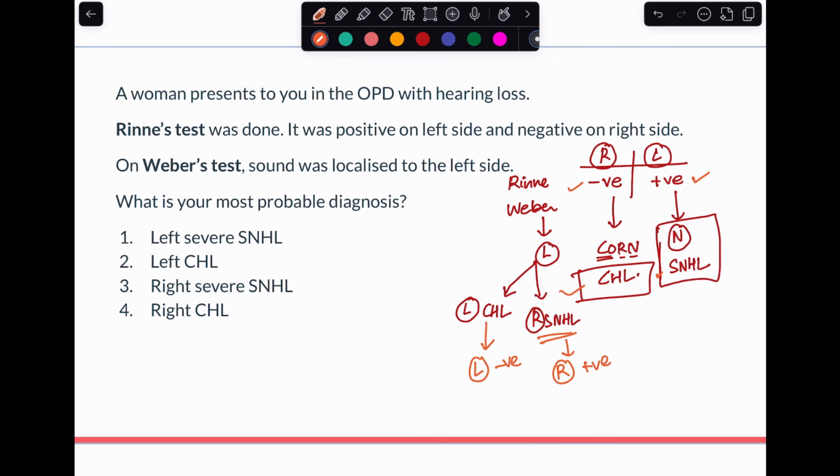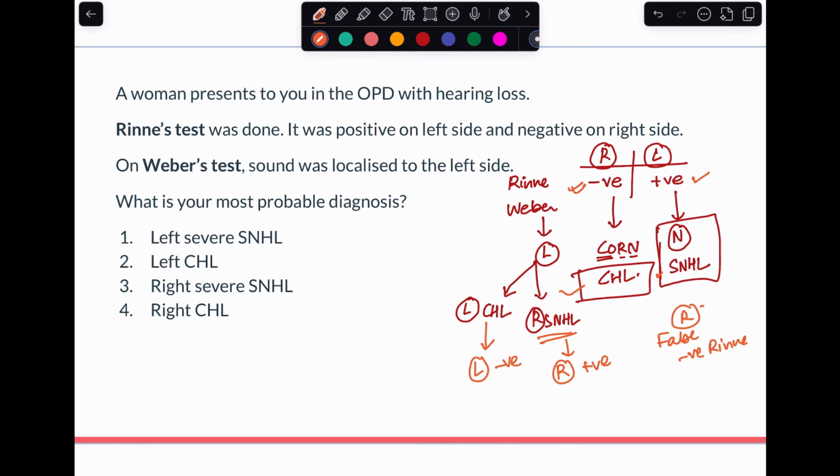But according to our test, the right side is negative. So none of our answers are matching over here. That means it's not a very straightforward answer. Our answer over here is possibly that the right side has a sensorineural hearing loss, which is showing to be a false negative Rinne.